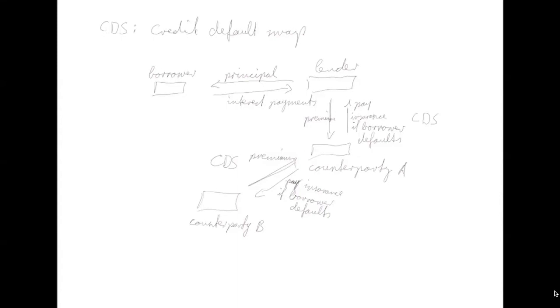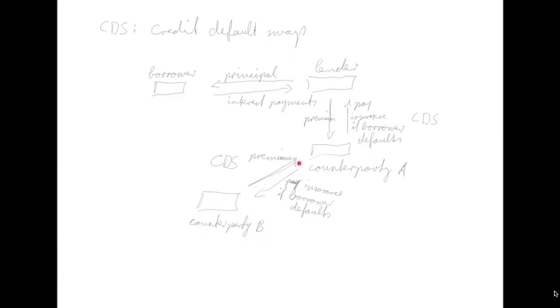One was actually where the lender seeks some insurance, and there is this insurance provider, that counterparty A. Again, they receive some premium and they pay on the other side some insurance to the lender in case that borrower over here is defaulting. And then we said there are these empty creditors. That's the counterparty B over here, which has another CDS contract.